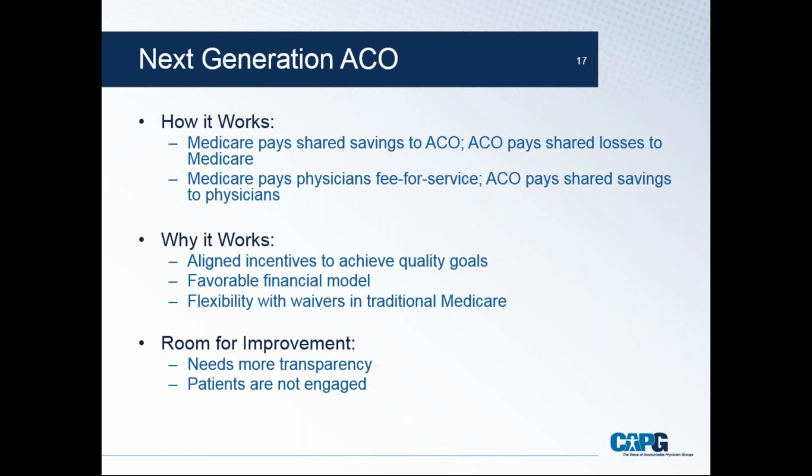But what our participants have found in the Next Generation ACO program is that in some cases, CMS is making policy changes mid-year that are unfavorable, and the participants don't have a lot of sight into what's going to happen until it happens, and then they're left sort of trying to figure out what it means for their organization, which can at times be very complicated.